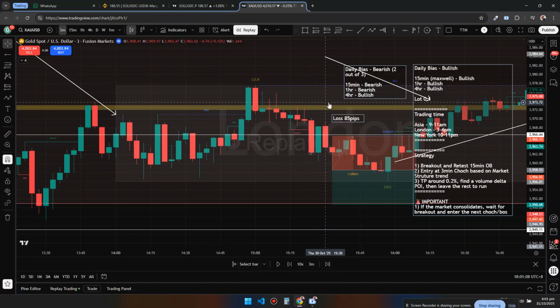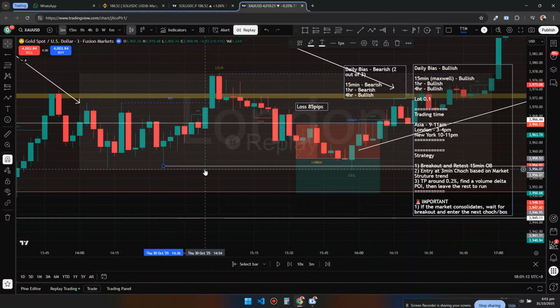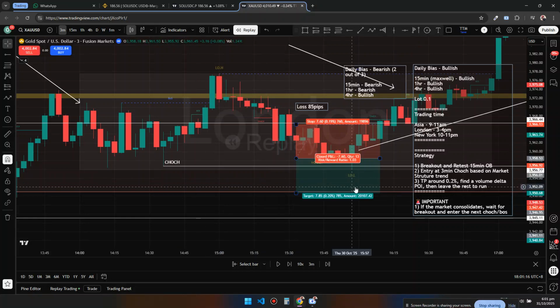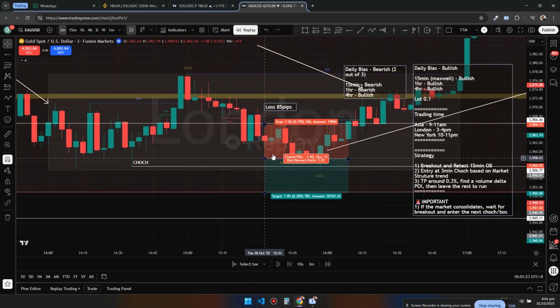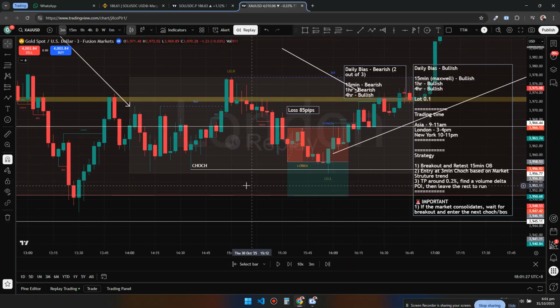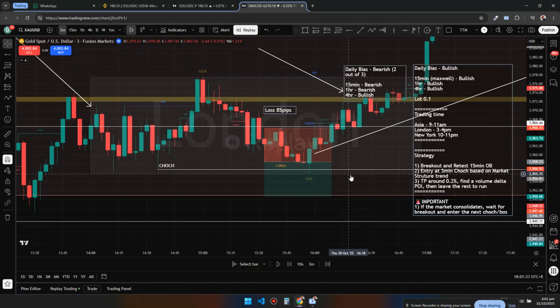So first of all, I wait for price to break this level. But unfortunately for this trade, instead of exploding downwards, it exploded upwards. So it's like, okay, sometimes it works, sometimes it doesn't work. Just like trading, nothing is 100%.